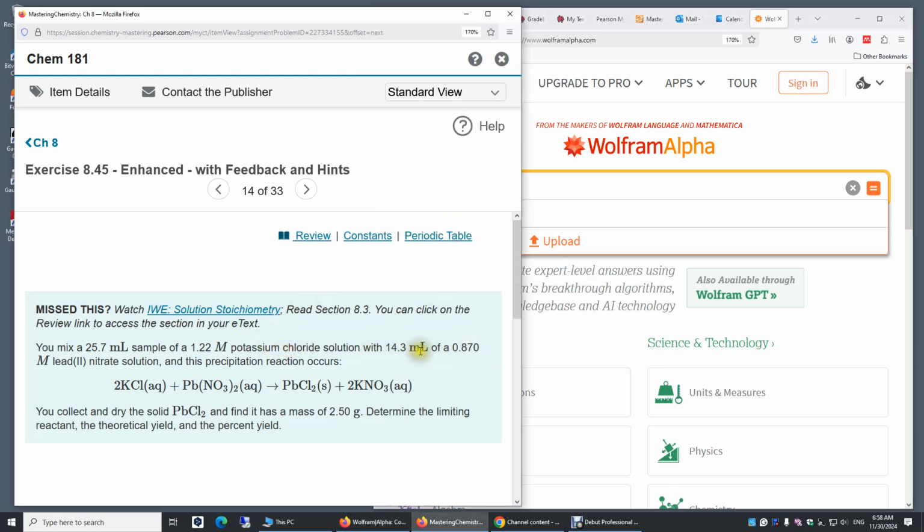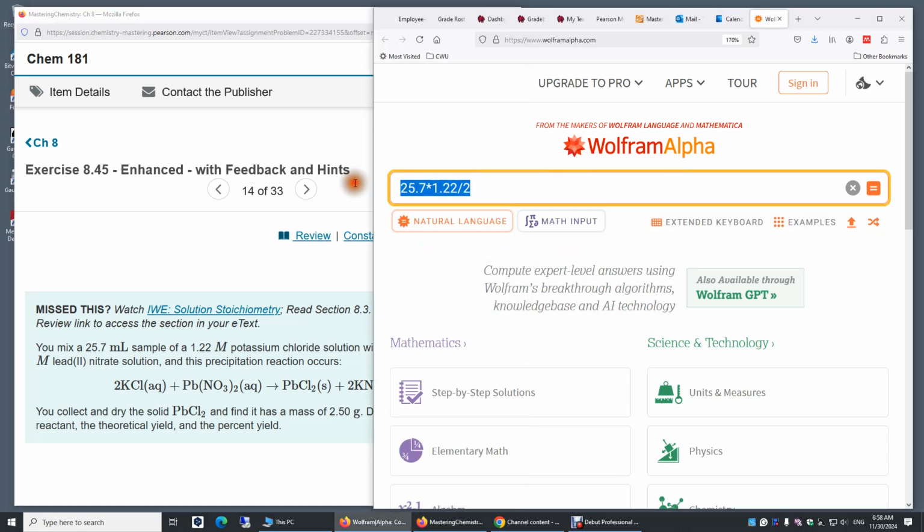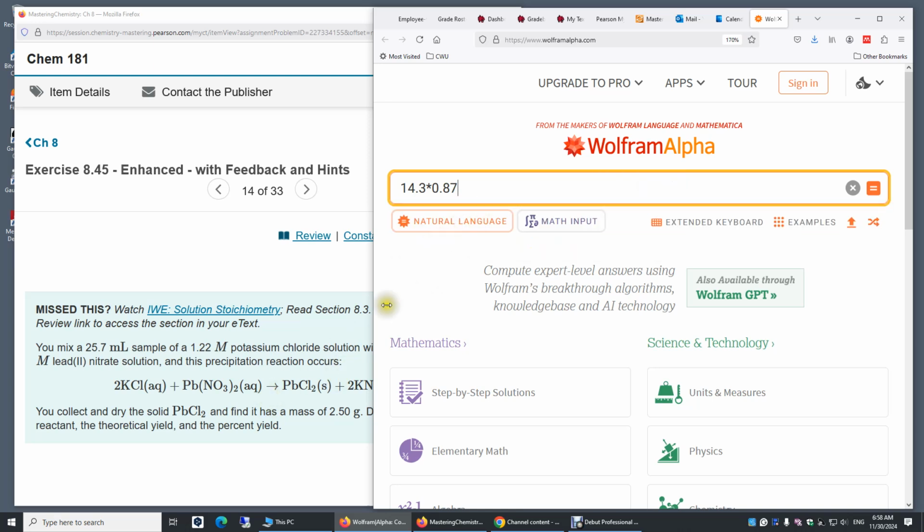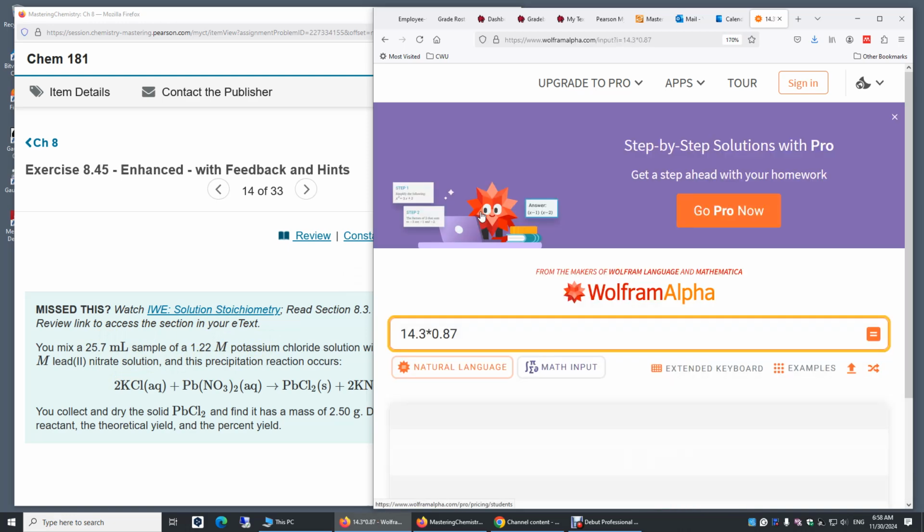Alright, and then we'll do this one. We have 14.3 times 0.87, and then there's a 1-to-1 ratio. So let's do the calculation. I got 12.44 millimoles of lead chloride, and this value is smaller than the previous value from KCl. When I used the amount of potassium chloride, I got 15 plus millimoles, but now I got 12.44.